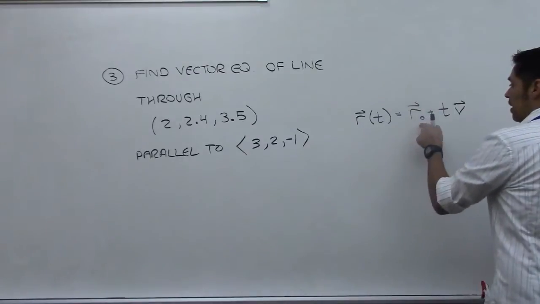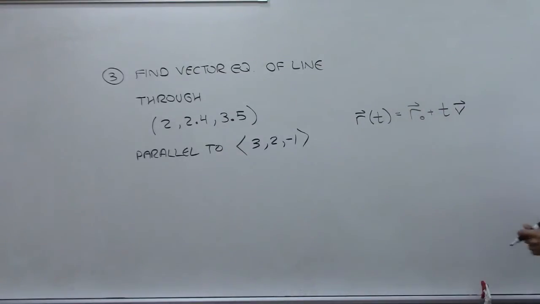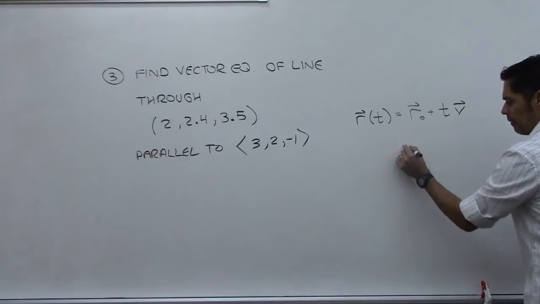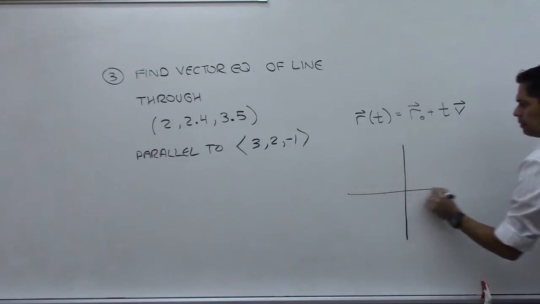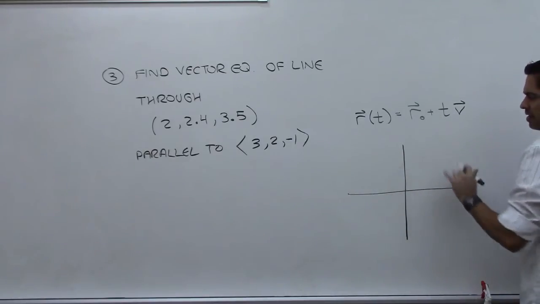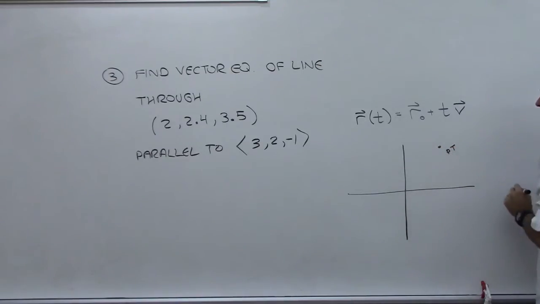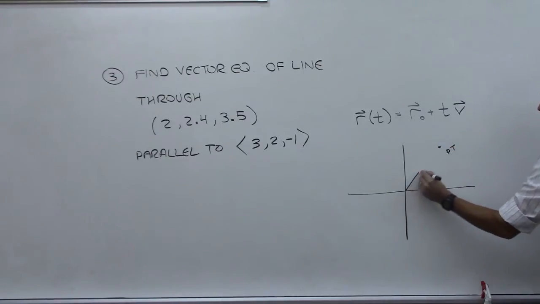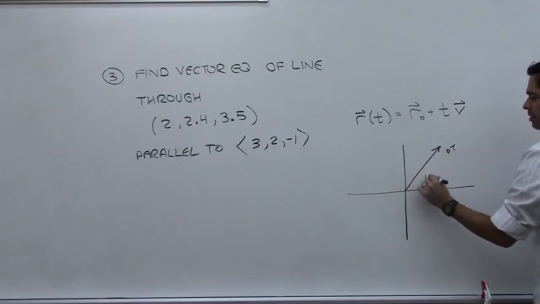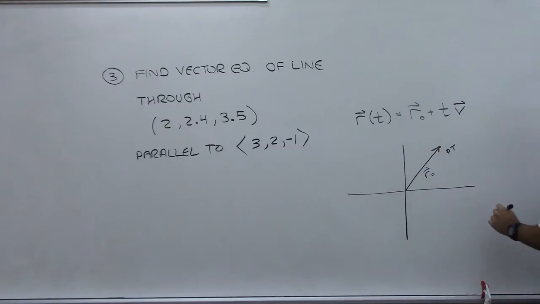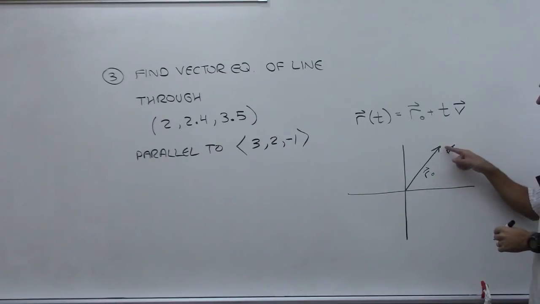Now r naught here is a vector, and in two-dimensional space it's easiest to show. If I have a point that's on the line, r naught is the vector from the origin to that point. In other words, it's just a point on the line rewritten as a vector.